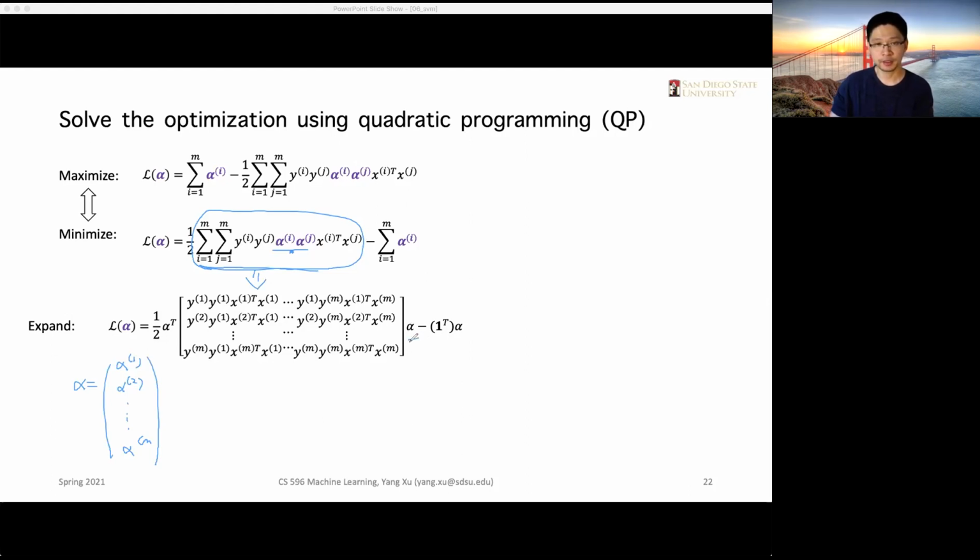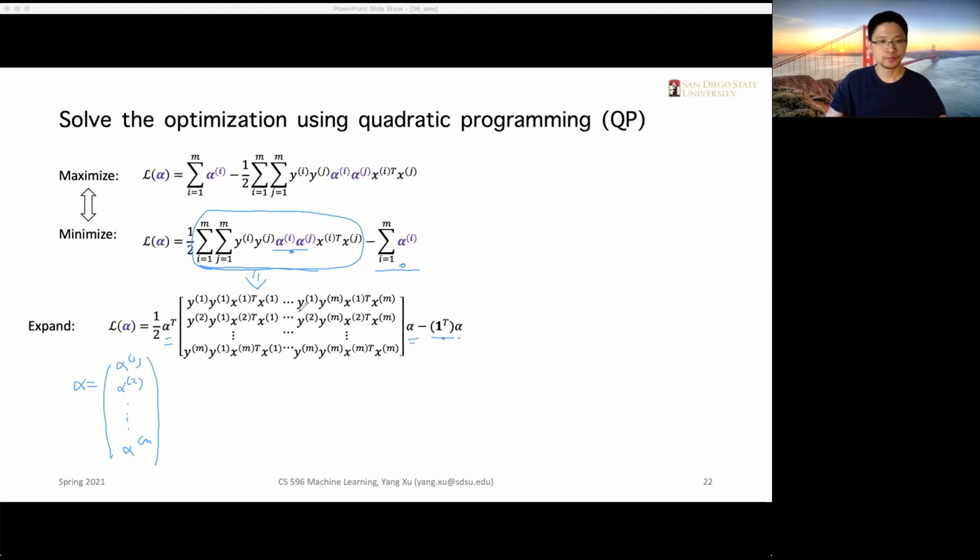Replace the alpha here and alpha transpose here. And this summation of all alphas is the inner product between this all-ones vector and the vector alpha itself.